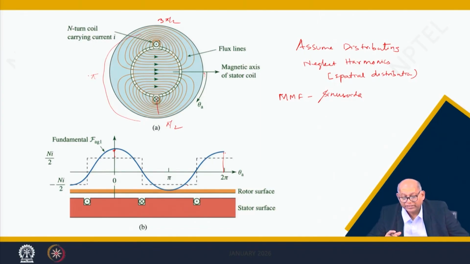So, if the rotor has a distributed winding or a distributed current, it will interact with the flux to create a force, and because their forces will be opposite in nature to each other, it will create a torque.